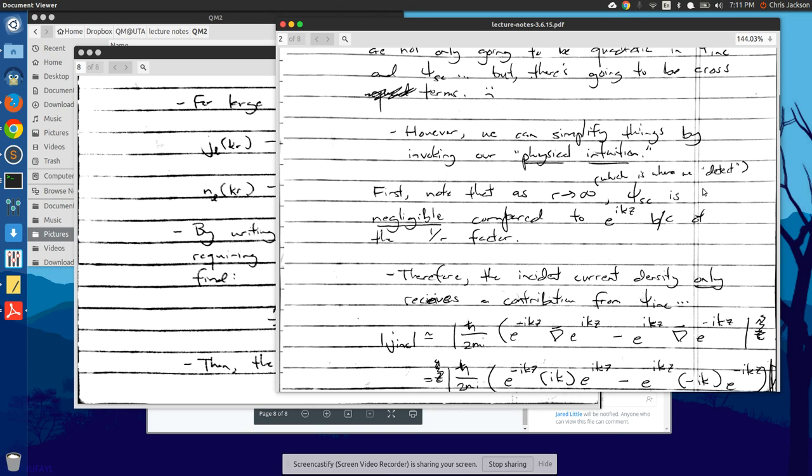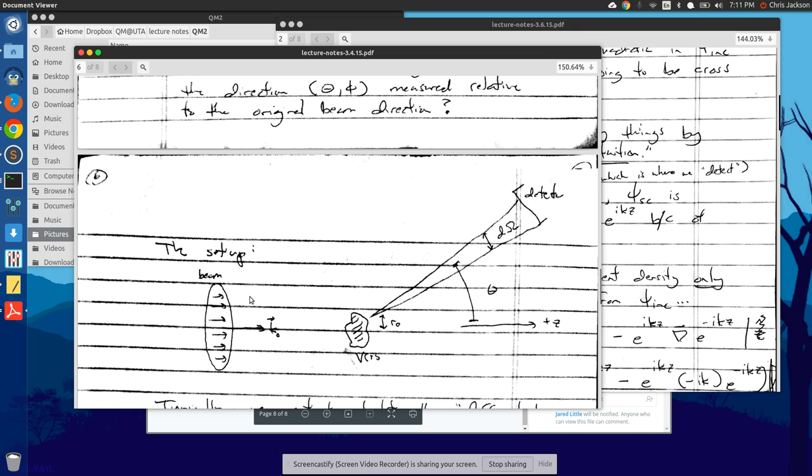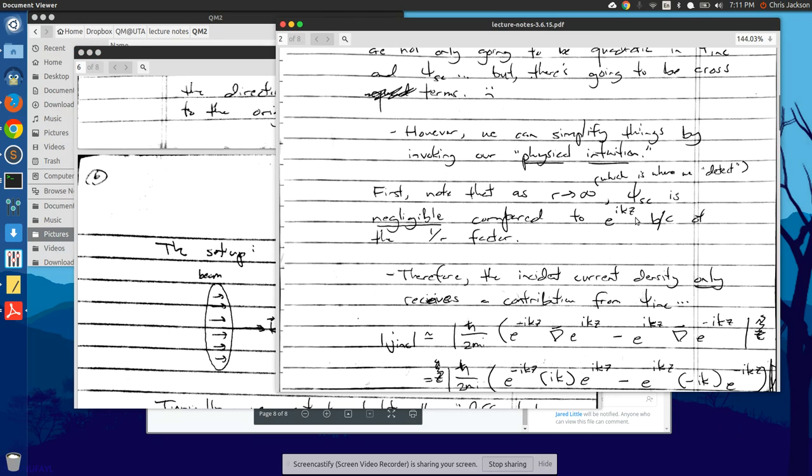So we're taking the angle theta, going back in this direction. Well, theta equals pi here, so back towards where the particles came from.